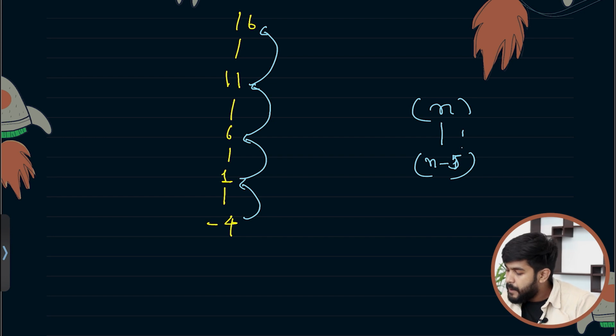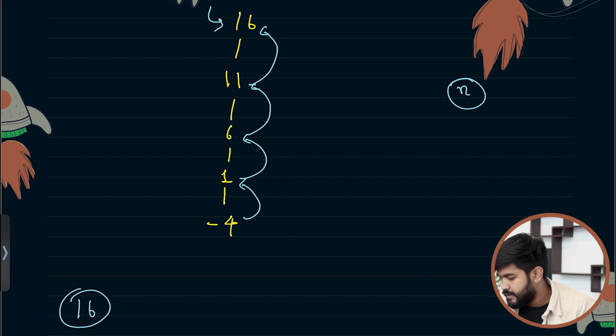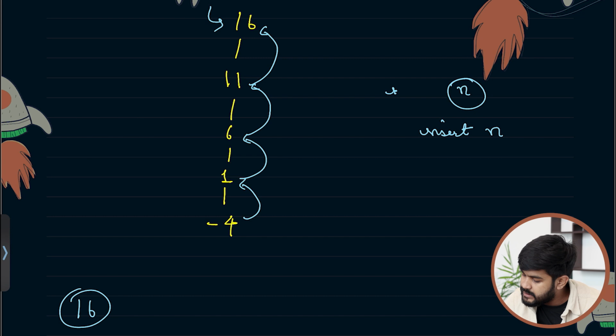We would call for n, and when n is called, I want it to first insert. So I would say insert n. This is done, and then call rec of n minus 5.